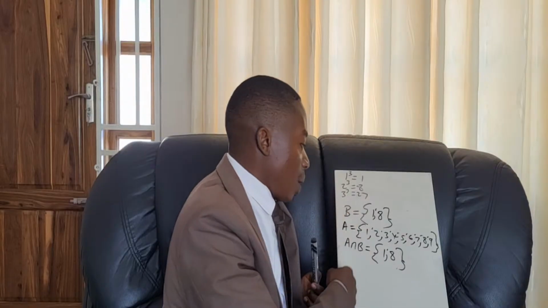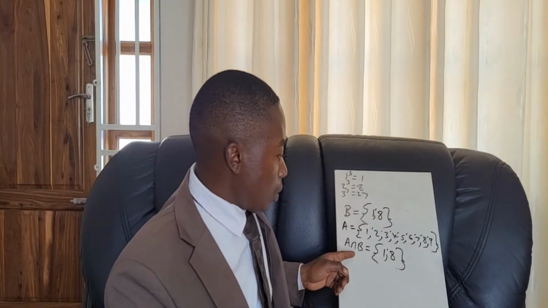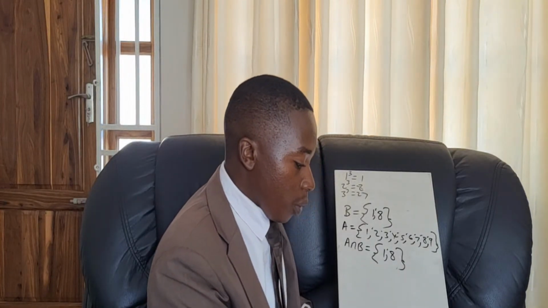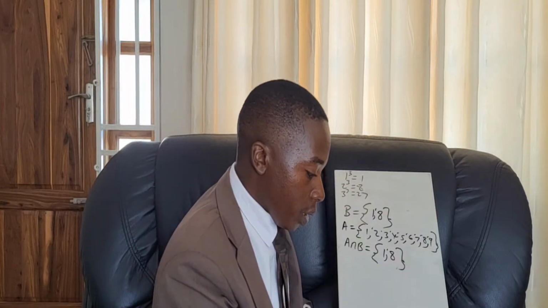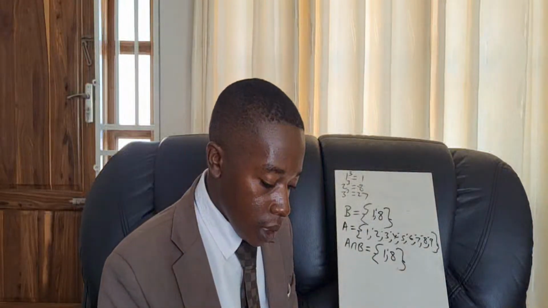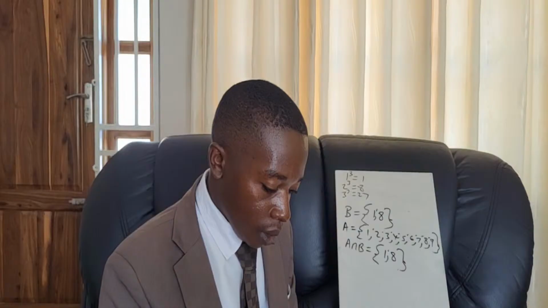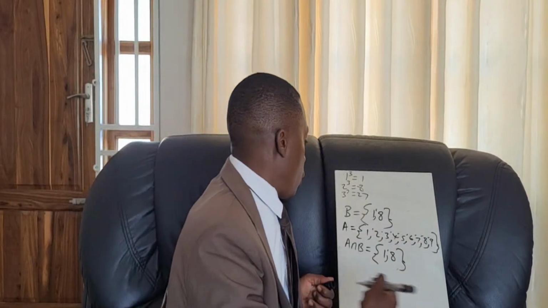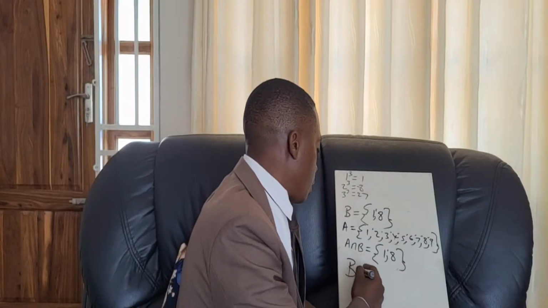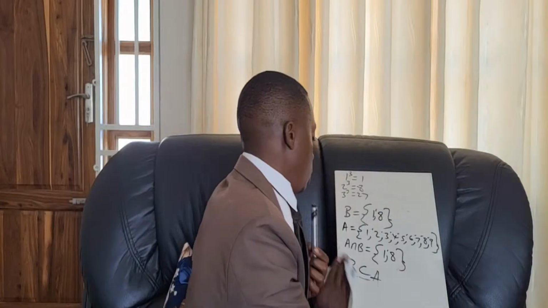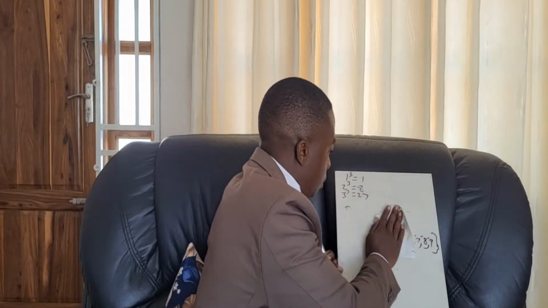B is a proper subset of A. That's the relationship. Is it clear? Do you have any question on that? B is a proper subset of A. Now let's move on to the next question.